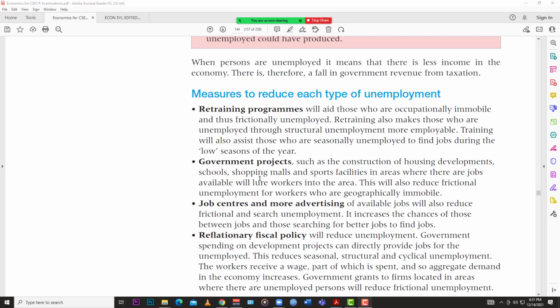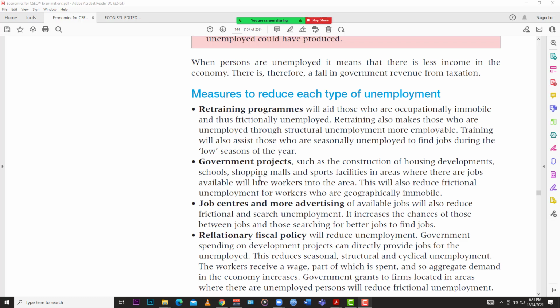One, training programs will aid those who are occupationally immobile and thus frictionally unemployed. So training programs can help you get your skills up to a certain level so that you can now go and get that job you couldn't before. So that can ease some aspects of frictional unemployment.